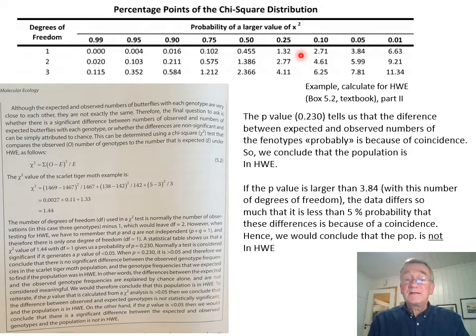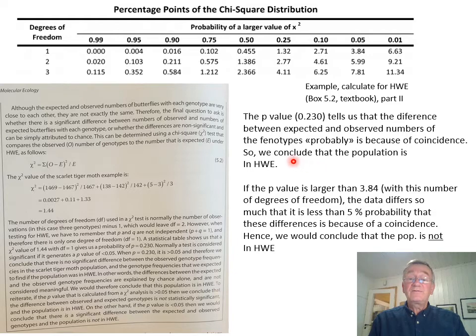That means that in the text here it says that the actual p-value is 0.2. And that means that the difference that we saw in observed frequency and expected frequency is a case of coincidence. They are not significantly different.